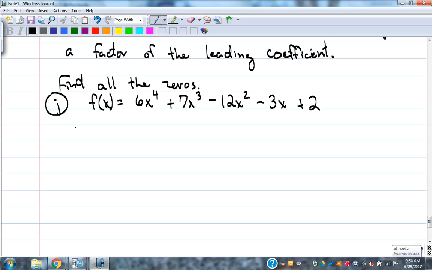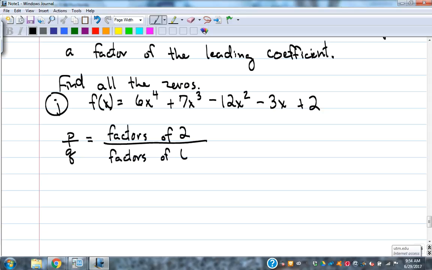So this is what I need to do. The first thing I need to do is make my P over Q list, my rational zeros. P for this problem is factors of 2. On the bottom, we're going to put the factors of 6.